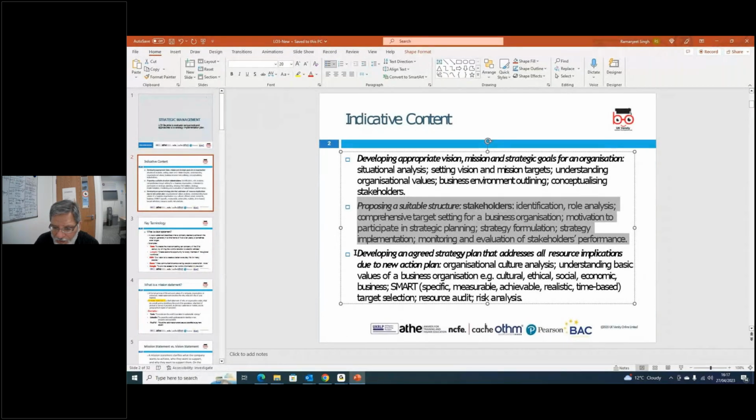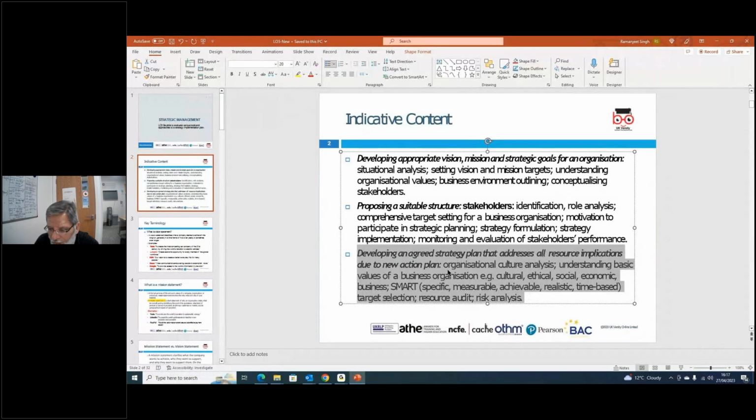And the third content is to do some kind of a strategic plan, looking at the implementation of these through different models, like organizational cultural analysis, SWOT analysis or resource-based models. So this is the basic content for today's lecture.